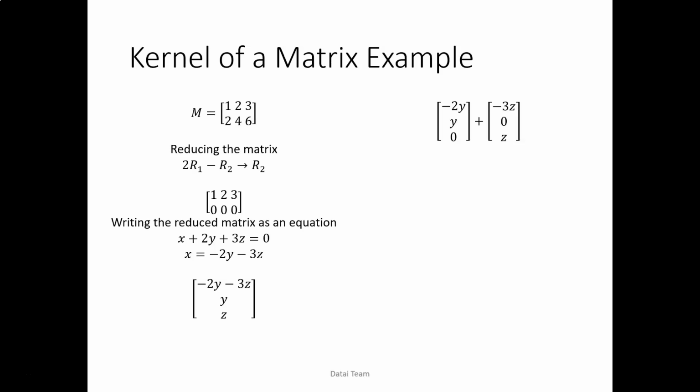And after separating the unknowns, we can simply remove them or write vectors in terms of those two unknowns. We have y times negative 2, 1, 0, and z times negative 3, 0, 1.